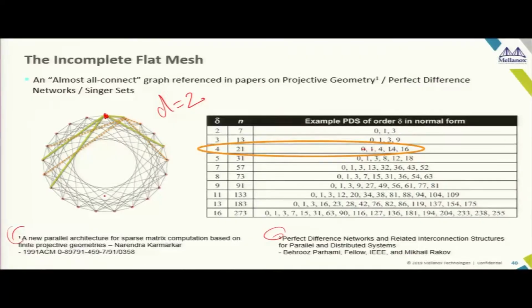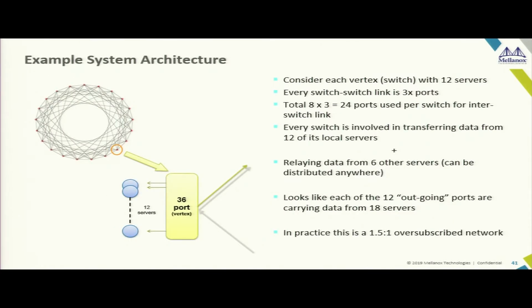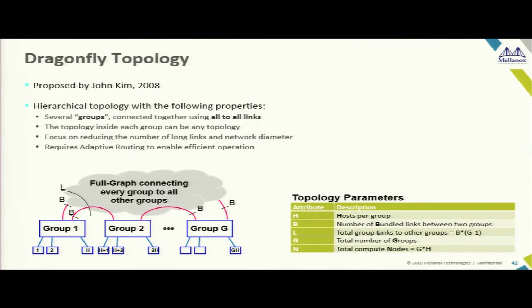How do you do these connectivity? Some people have actually made it. For example, a simple system architecture is to take a 36-port switch, connect 12 servers, and use 24 links for connecting to different sets of destinations. Like this, there is something called a Dragonfly topology.